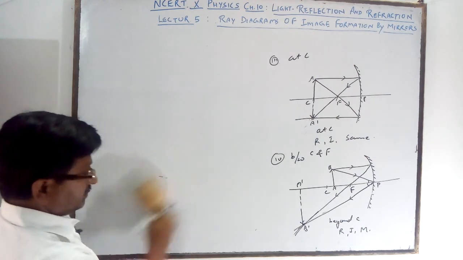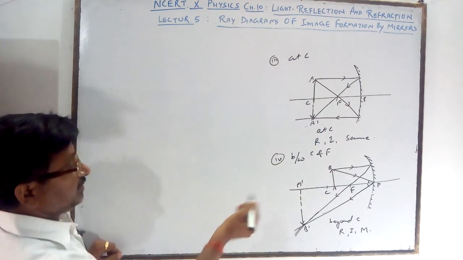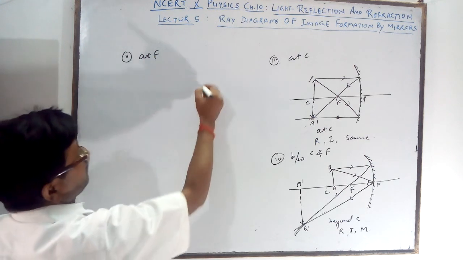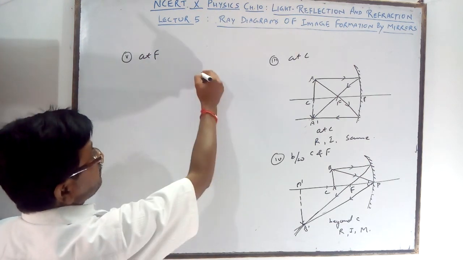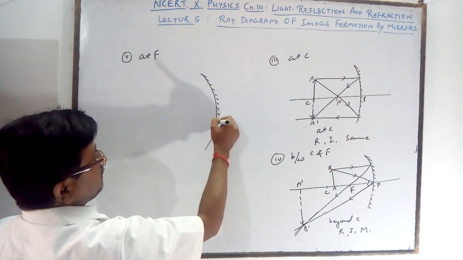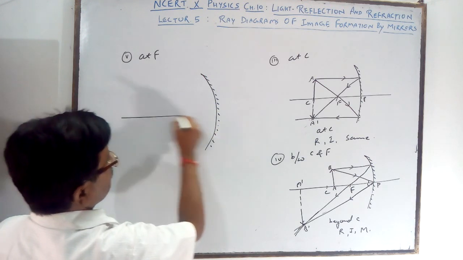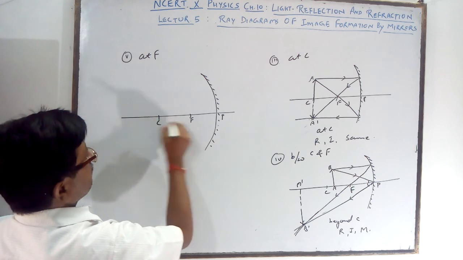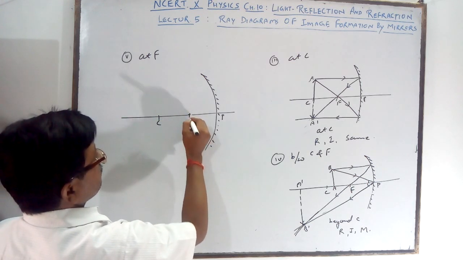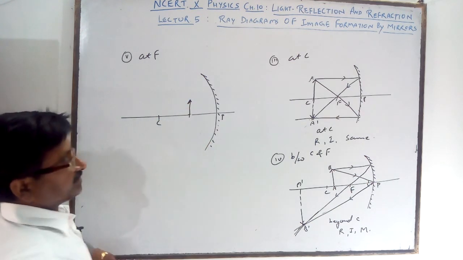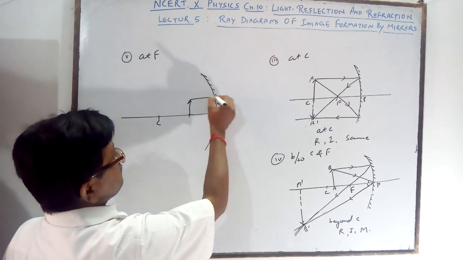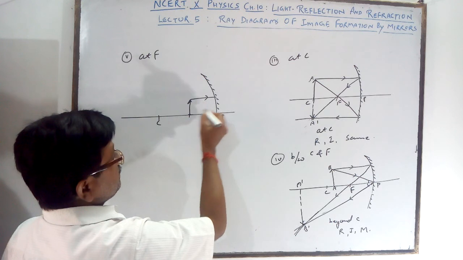And then the last condition is between F and P. Fifth condition at F. Where will the object be? Object is at the F, then you will get the image. Here is the object. In this case, you take one ray like this, another ray here.